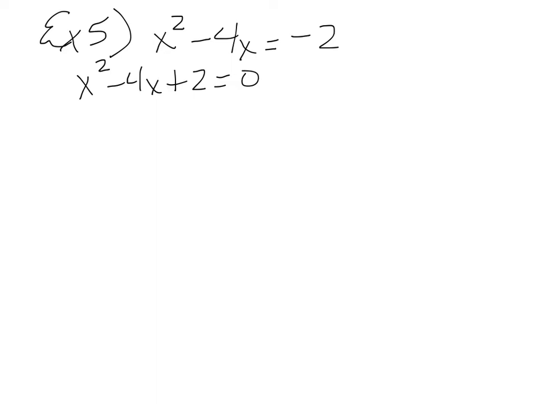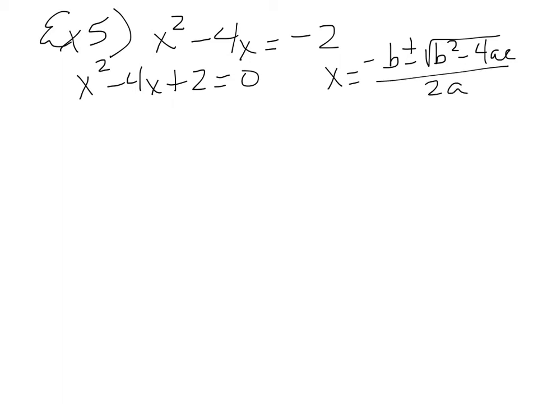Until you get good at the formula, I would suggest writing it down on your paper. Sing a little song if you want to, whatever. As long as it gets down on your paper, that's the key. So fill in the blanks. Your a in this instance is equal to 1, your b is a negative 4, and your c is a positive 2. So fill all of that in.